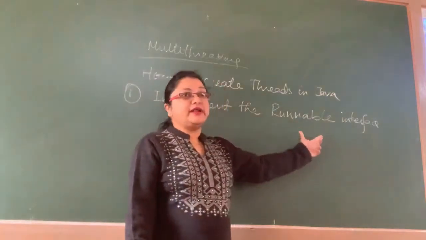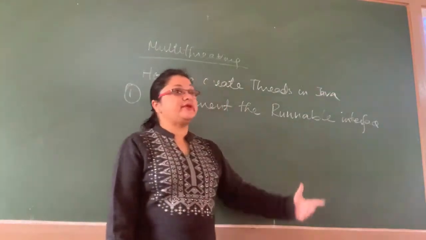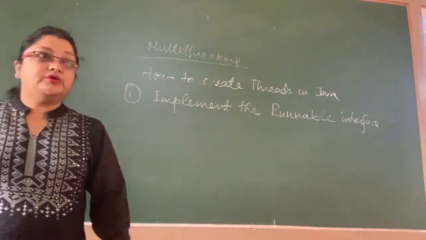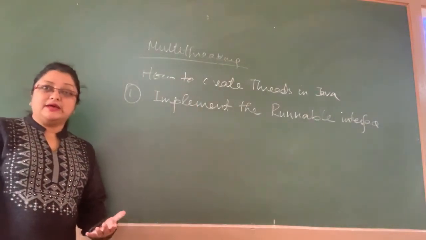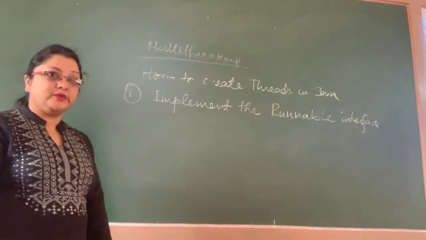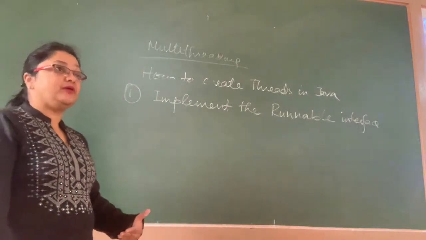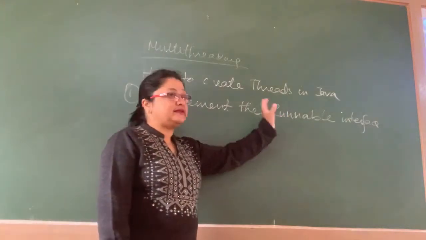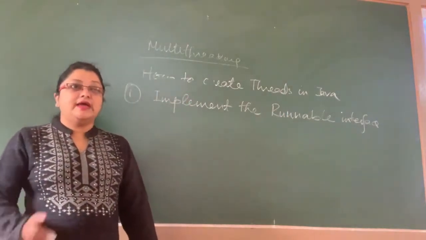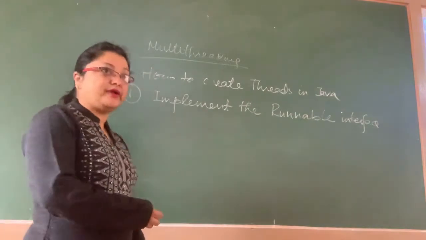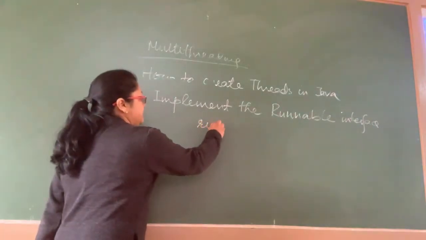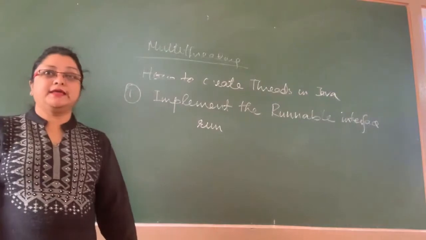There is an interface called the Runnable interface. You can have your class implement this interface, and then it has to give a body to the methods defined in Runnable. One very important method in Runnable is the run method.